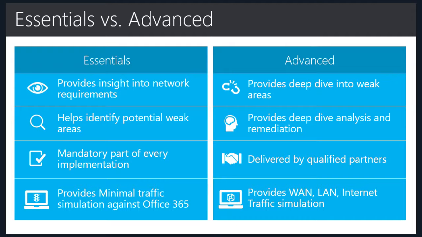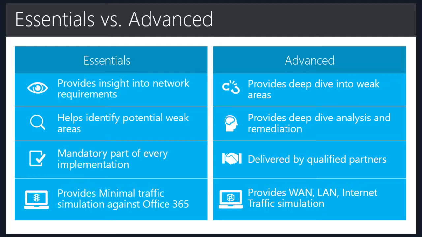So we talked a little bit about advanced, we talked a little bit about the essentials, so what's the difference? Essentials is the one that's within SOF. That essentials version actually provides insight to network requirements and will help identify potential weak areas.